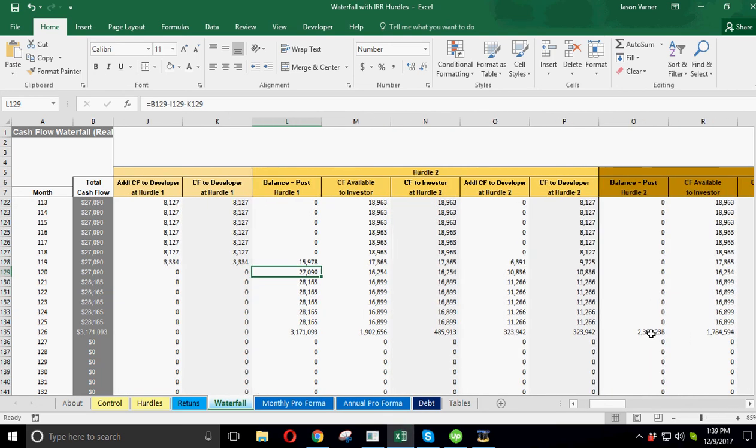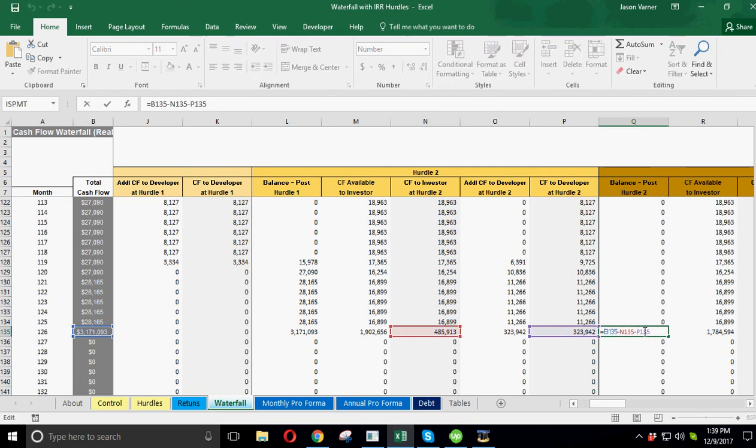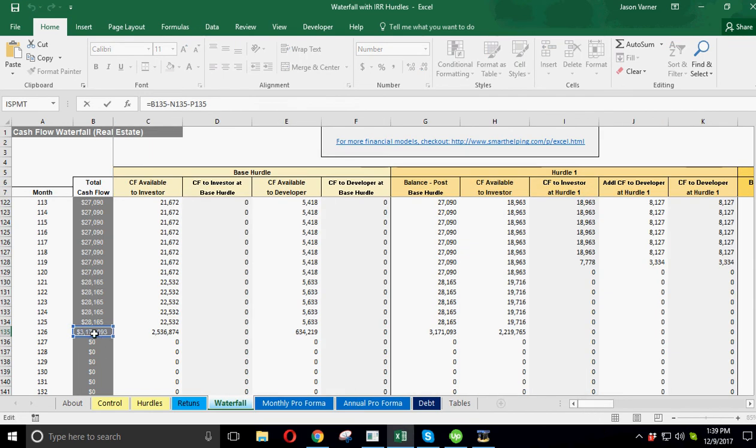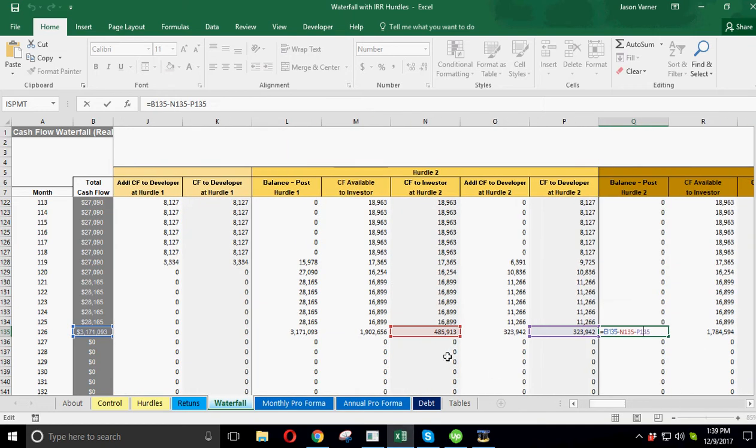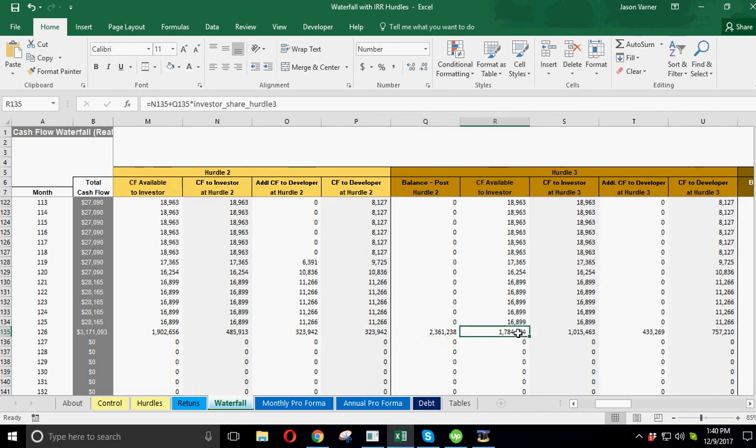Now hurdle 3, we're actually not getting to until the actual exit, and when that final bit of cash flow comes in, you can see this is taking the cash flow here minus the cash flow to investor in hurdle 2, minus the cash flow to the developer. And it's saying, well, there's still 2,300,000 that we still have to split after we've gone through the first couple hurdles. So let's split that up, and you can see how this is split up.